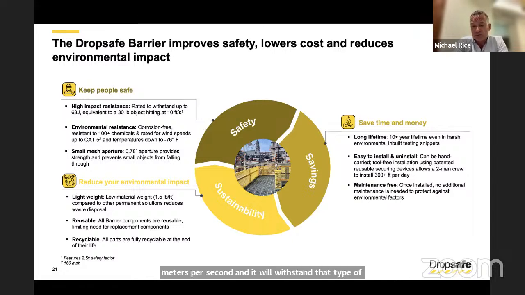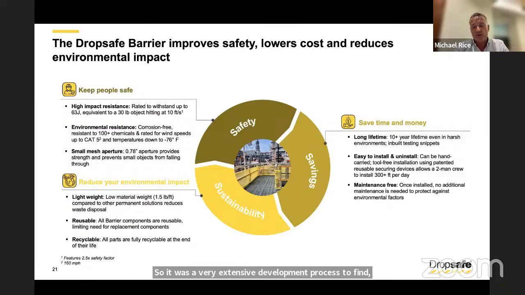It's also very durable. We were aware that we were developing a plastic system and that some customers might be nervous about using plastics. So it was a very extensive development process to find a plastic product that could survive those very harsh offshore environments.